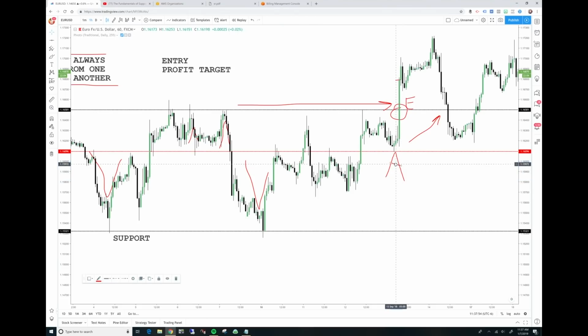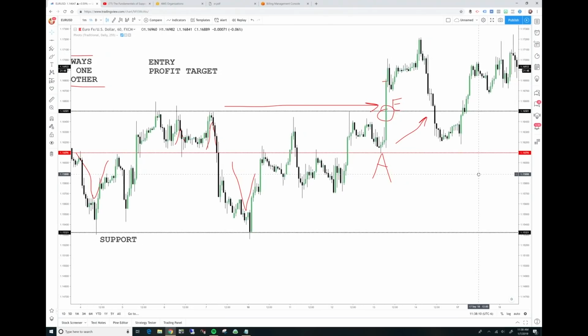I love that this is now like an A level, like a brilliant level. And if price can break through that again, and you can see price will just touch it and bounce right off of it. If price can break down below that level, that's going to be really important, and we're going to really like that. Before any of that happens, you can see here that price reaches a high.